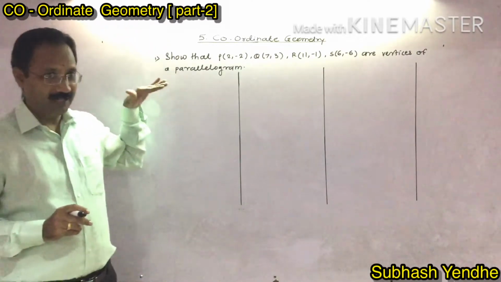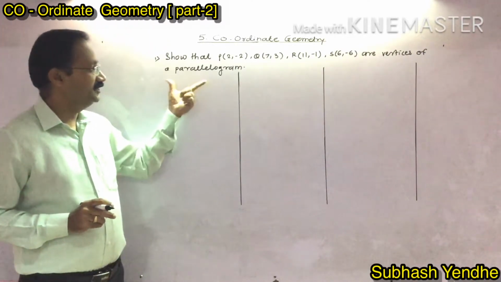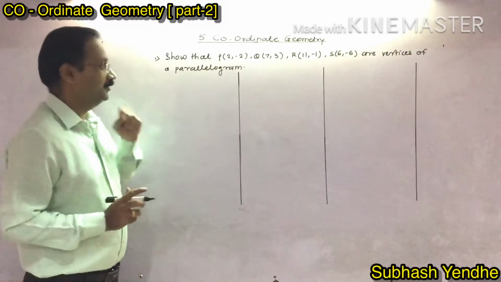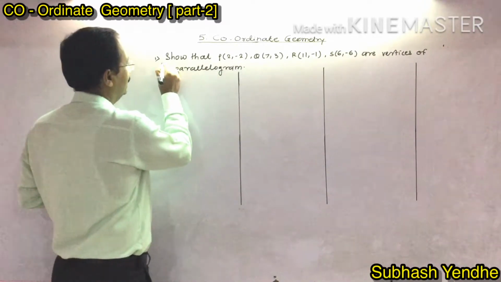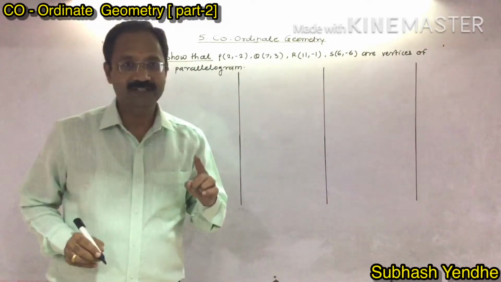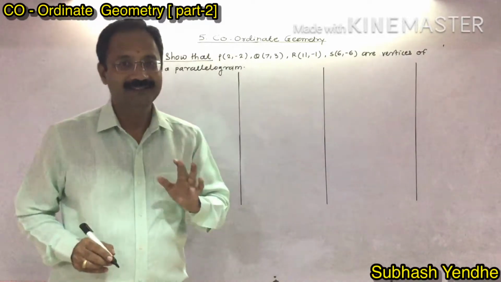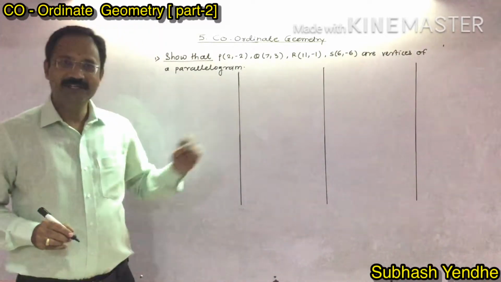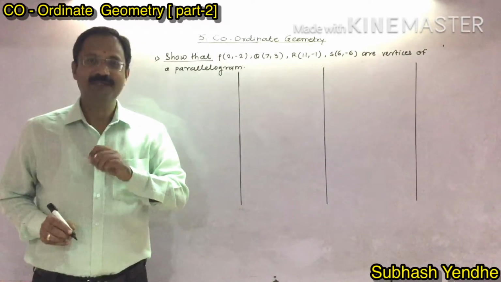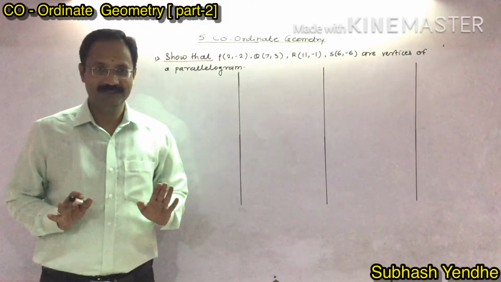So I have written one sum. Here you have to show that it is a parallelogram. Now let me tell you one idea here. They are saying show that this is a parallelogram. It means 100% this is a parallelogram. You have to show it only.